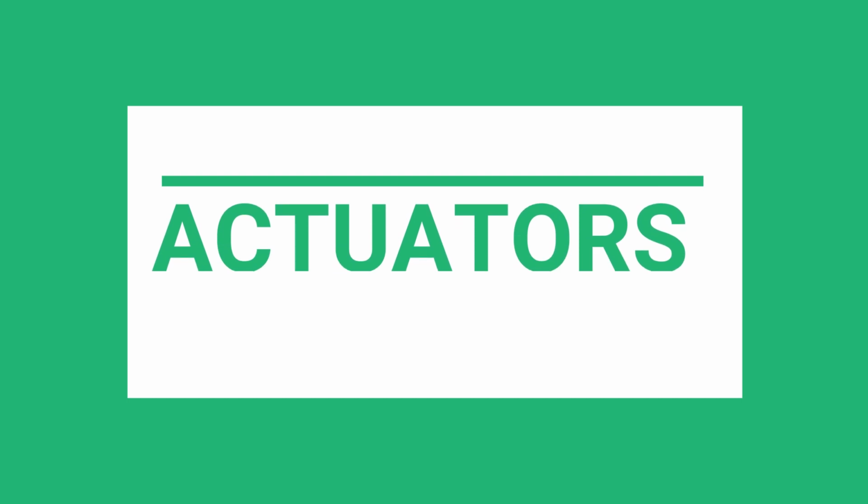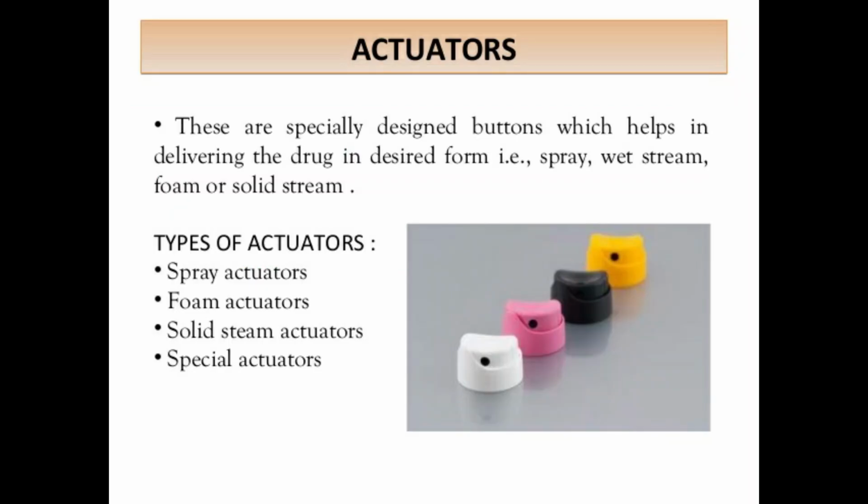The next main thing is actuators. These are specially designed buttons which help in delivering the drug in the desired form, that is spray, wet stream, foam or solid streams. In these actuators we have different types: spray actuators, foam actuators, solid stream actuators, and special actuators.